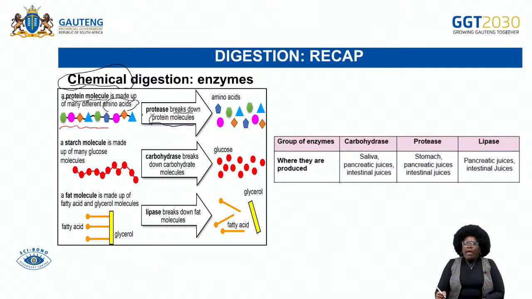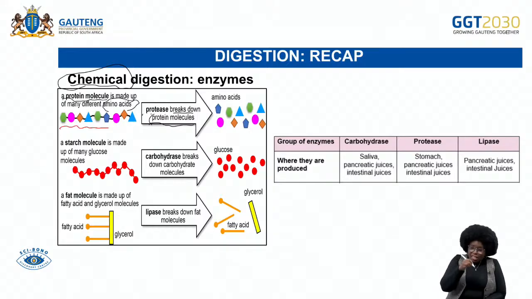Right, so what we have here is the chemical digestion, and let me just write on my board. I was still explaining to you that amino acids are the product of a protein molecule that was broken down.